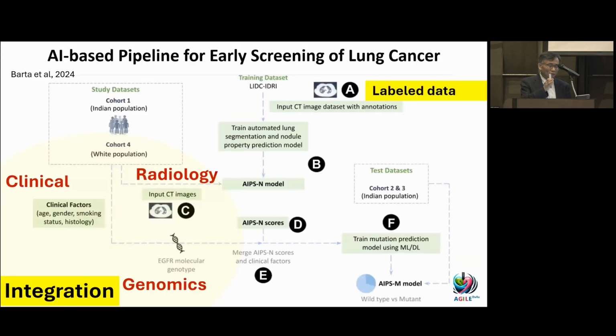And I want to add, the Indian study is a very good study for demonstrating the AI pipeline right now, by combining the clinical, radiomics, and also genomics. And this is a very good study covering the multi-ethnic group. And I think this is always our perspective.